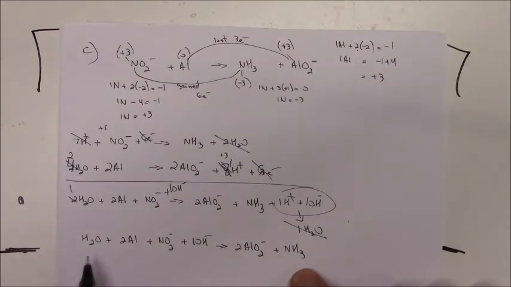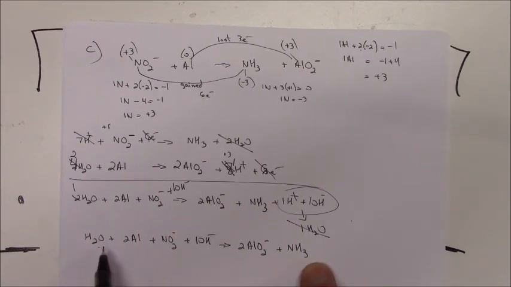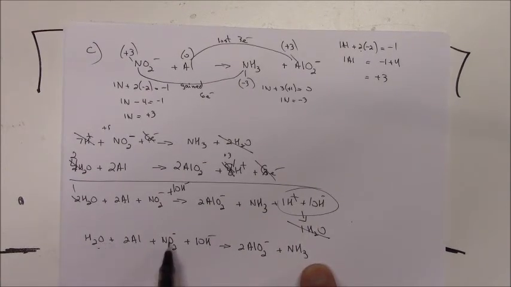Two H's. Plus this one is 3. 3 H's. 1 oxygen. 2, 3, 4. 4. 2 aluminum, 2 aluminum. 1 N, 1 N. Negative 2, negative 2. Done.